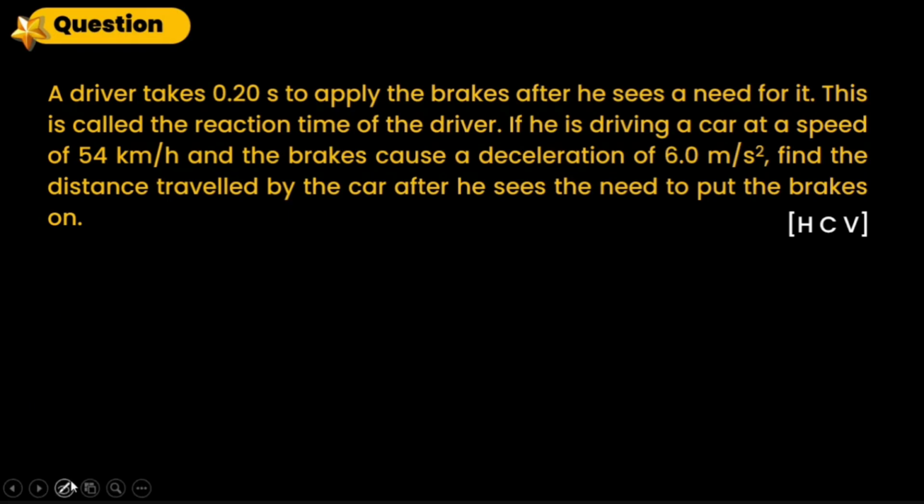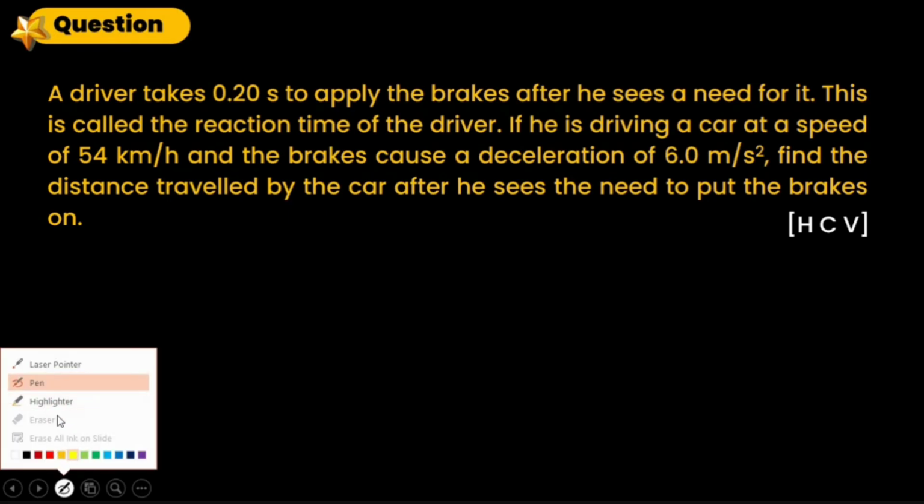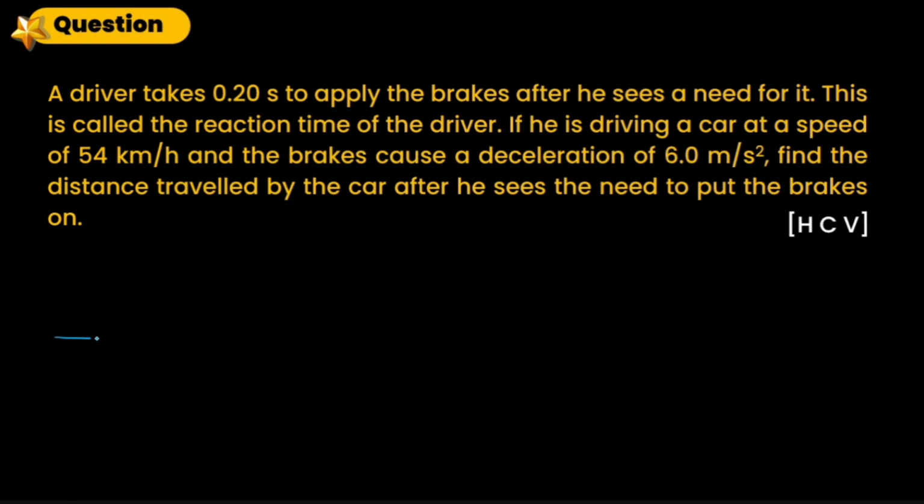So what is it going to be? Just try to understand the situation more clearly. This will help you to understand what needs to be done. The question says that there is a driver driving a car, and the car was traveling at a 54 kilometers per hour speed.